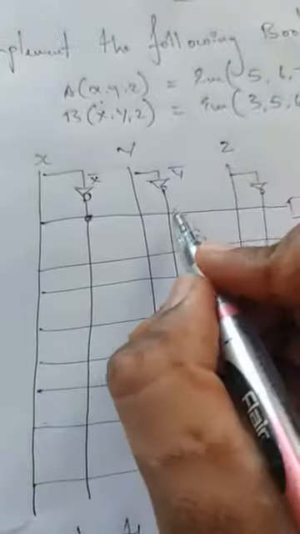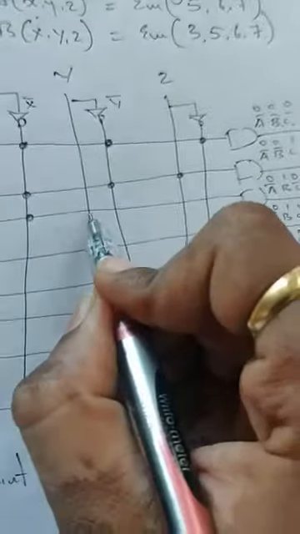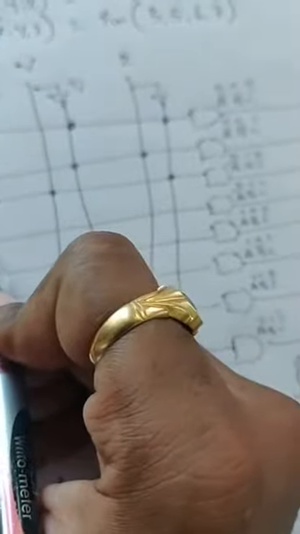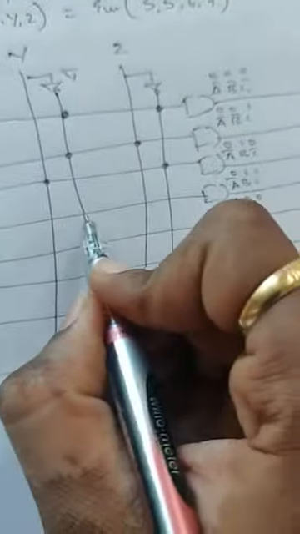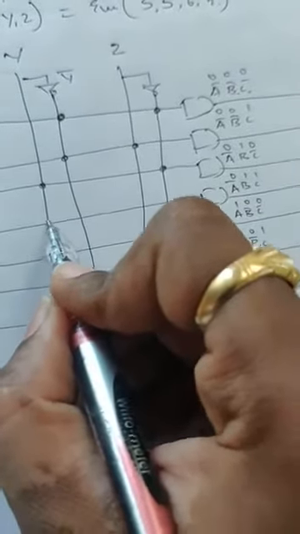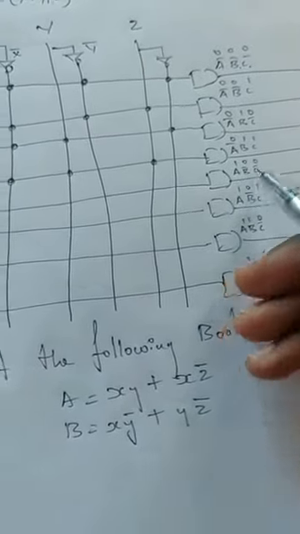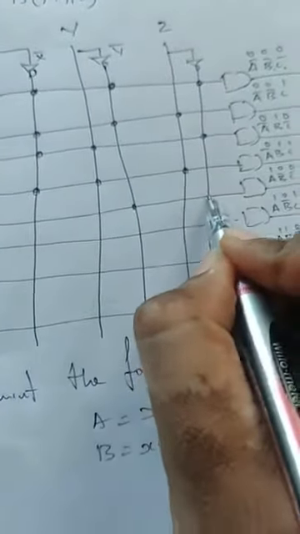Just mark X bar, Y bar, Z bar. Then X bar, Y bar, Z. Then X bar, Y, Z bar. Then X bar, Y, Z. Then X, Y bar, Z bar.